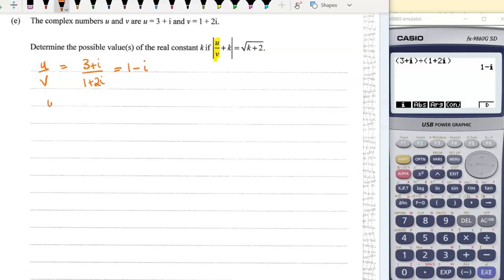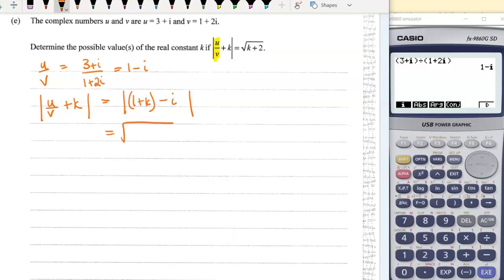Okay, next, if we were to do u over v plus k, and the modulus of it, that would be the same as doing the modulus of 1 minus i plus k. Let's make that a bit bigger. There we go. So the real part of that is 1 plus k, and then minus i.